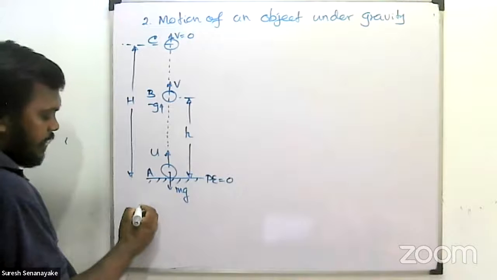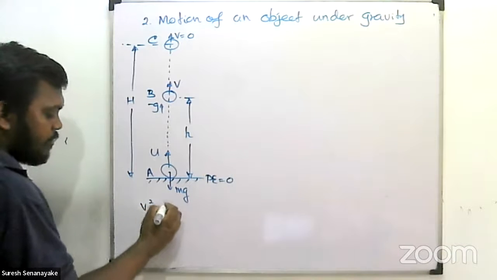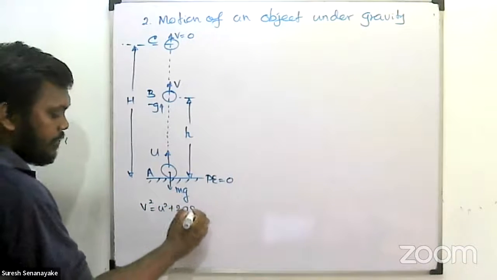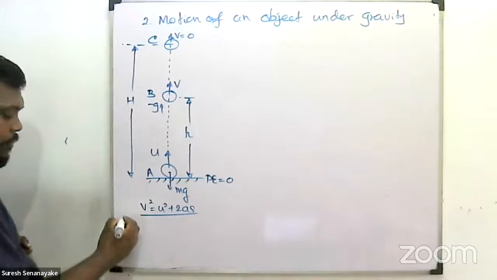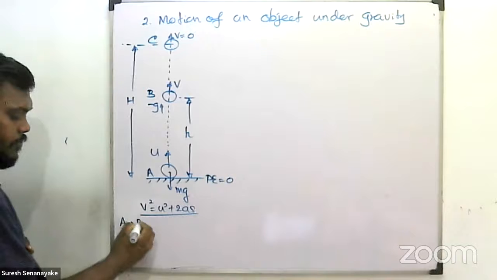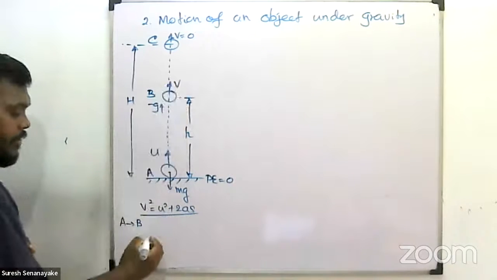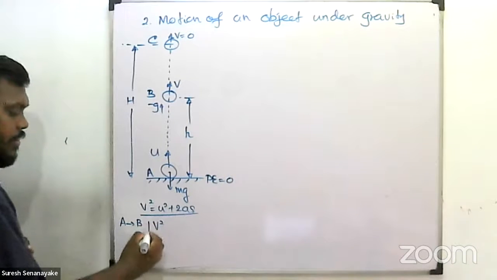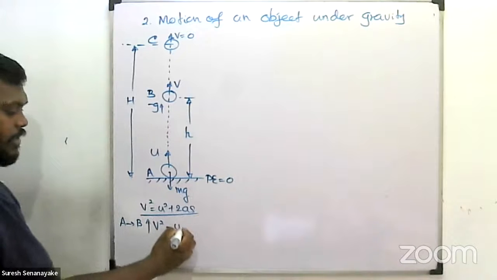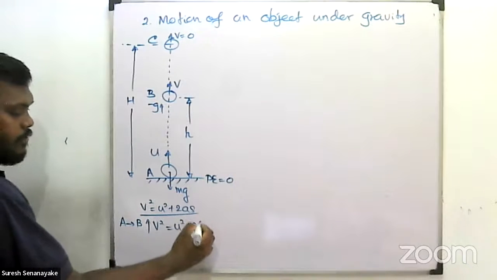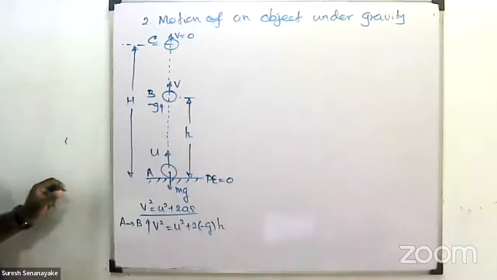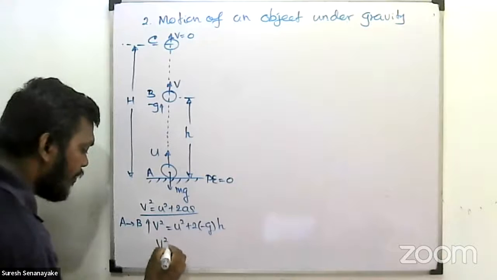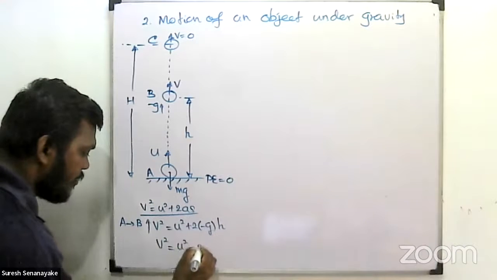So I'm using v square equals u square plus 2as first. From A to B, I can find the velocity v. So v square equals u square plus 2 times minus g times h, the height moved. So v square equals u square minus 2gh.